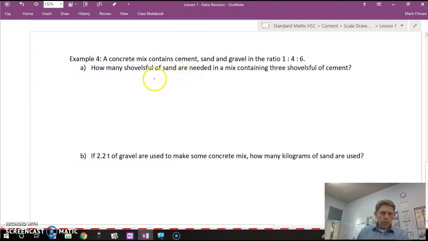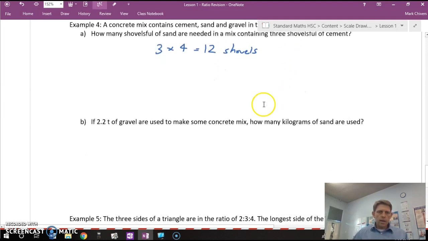So that's the 3 shovelfuls we put in of cement, but we need 4 times that much in sand. So that's just going to equal 12 shovels.